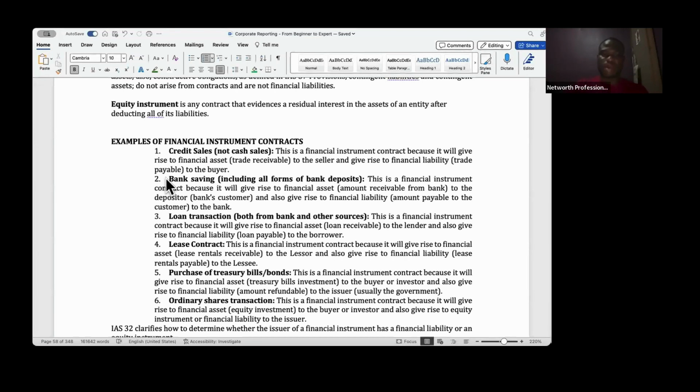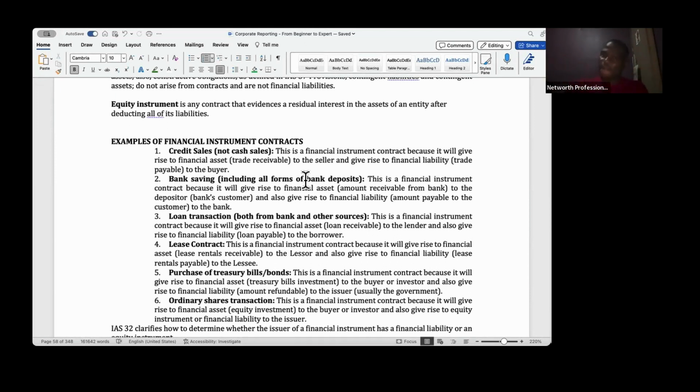Another example is bank savings or bank deposits. When you deposit money in the bank, your account gets credited. So you have cash at bank. That is a financial asset to you because you have a right to receive cash. In fact, it is cash for you.